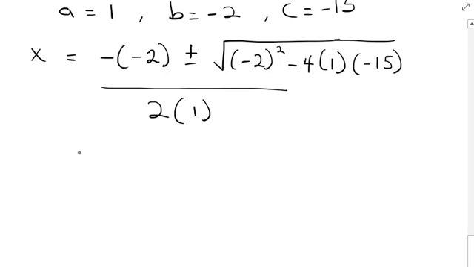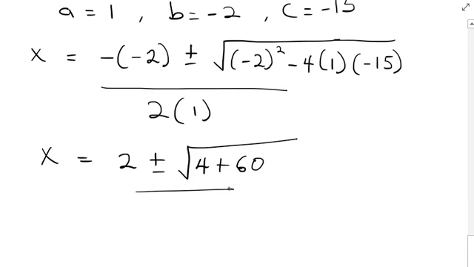Okay, so let's simplify further. x equals minus times minus 2 is plus 2, plus or minus the square root of minus 2 squared, which is 4. Then minus 4 times 1 is minus 4, times minus 15 is plus 60, all divided by 2.